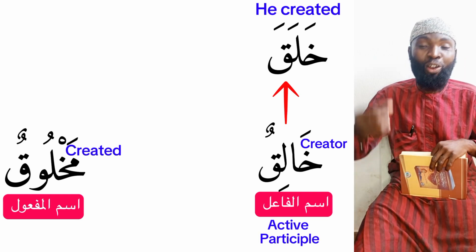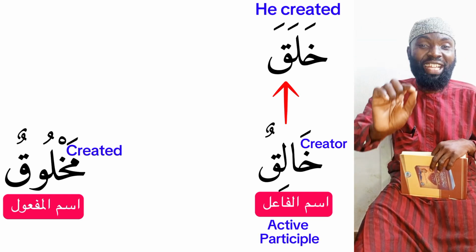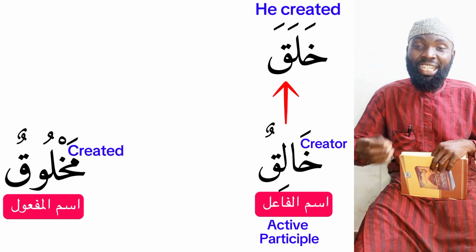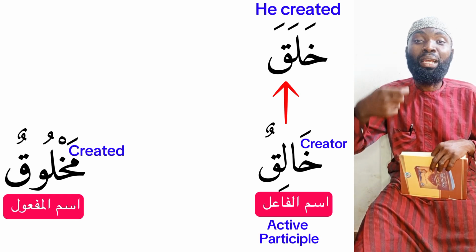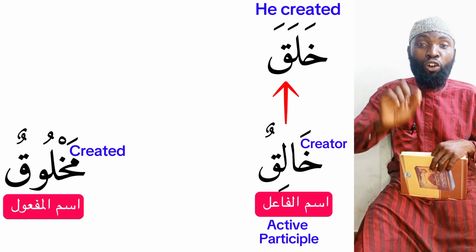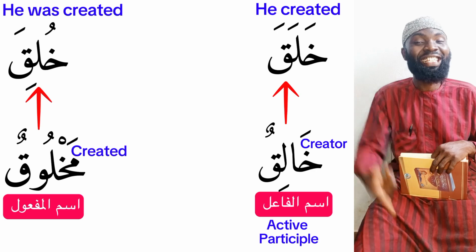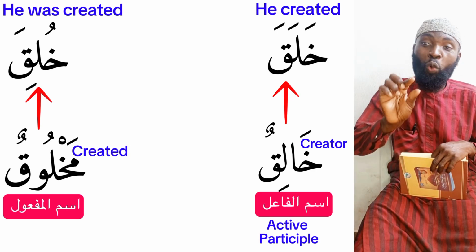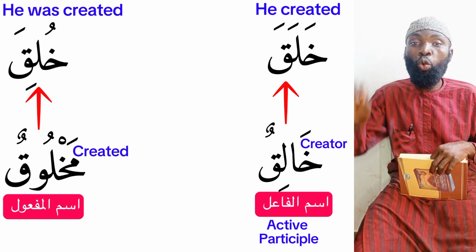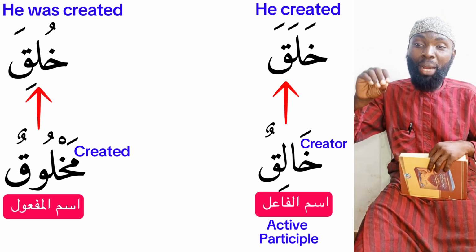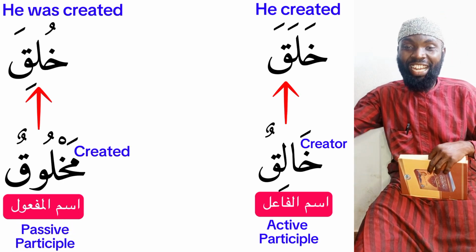Like khalaqa, we got khaliqun, meaning creator. While ismul maf'ul is gotten from the passive voice of khalaqa, which is khuliqa, that is, he is created. So the ismul maf'ul will simply be makhluqun. Again, khaliqun, creator, makhluqun, the created.